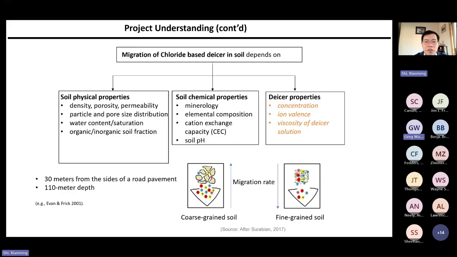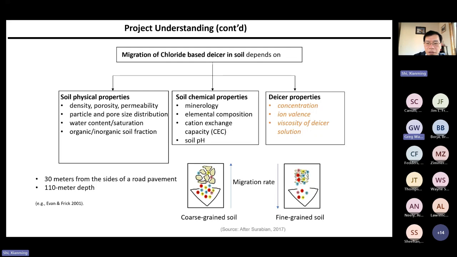Again, if we look at the influential factors, we can group them in three buckets. The first one is the soil's own properties, in terms of physical properties, such as density, porosity, permeability, particle and pore size distribution, water content, and organic versus inorganic soil fraction.